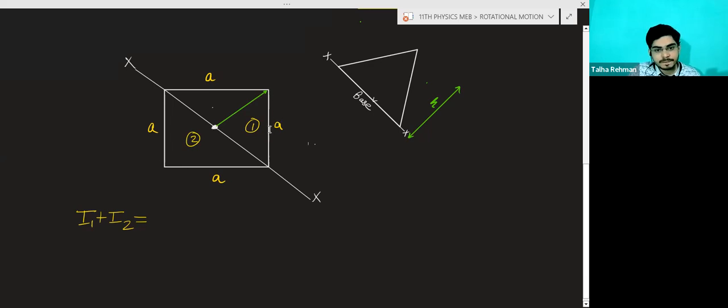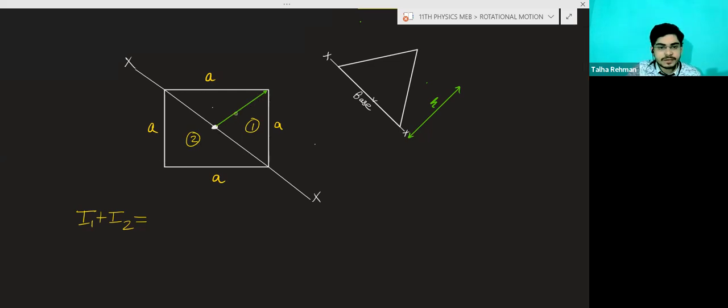This side is A, and this is the diagonal of the square. So the diagonal of the square is A root 2, and this is half of the diagonal, so it will be A by root 2.